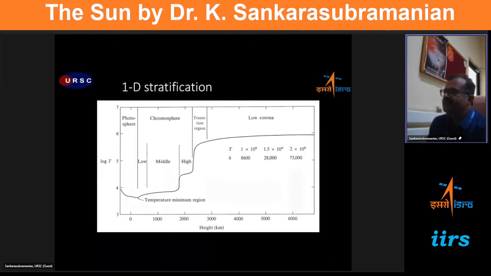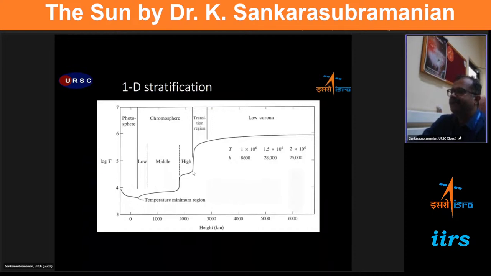This gives you some information about the different layers of the sun. The photosphere starts somewhere around a height of 0 kilometers and extends a few hundred kilometers, maybe around 200 to 300 kilometers, where the temperature minimum starts, and then above that the temperature starts to increase: lower chromosphere, middle chromosphere, and the higher chromosphere.